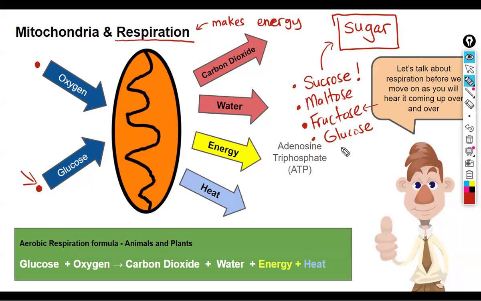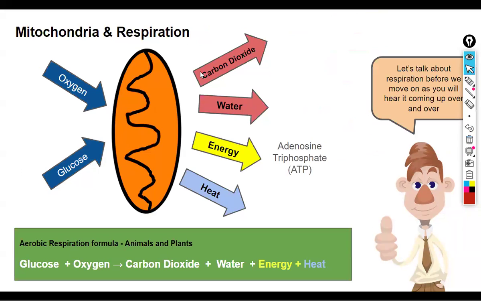So you just have to know that glucose is just a different type of sugar. And here's the thing. Whenever you eat things like sucrose or other types of sugars, or you eat carbohydrates, we'll get to this just now, your body will take all of those things and break them down into glucose. Glucose is the sugar that is needed for respiration.